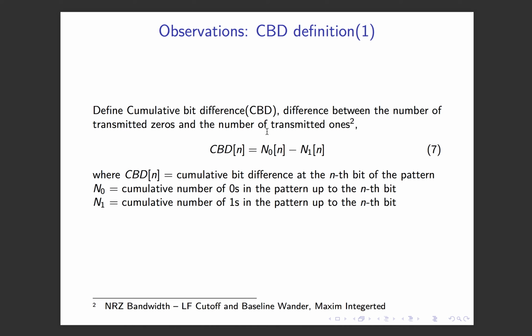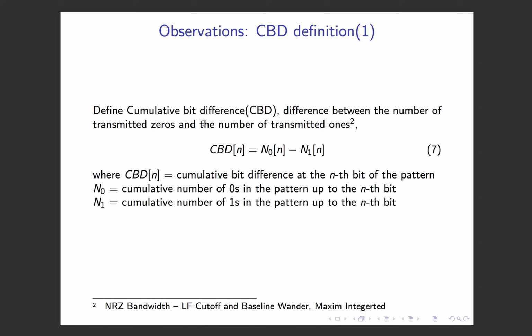Now we have come to the part for observations. Here we are talking about another new metric. We will call it CBD, or cumulative bit difference. What does it mean? It is the difference between the number of transmitted zeros and the number of transmitted ones. There's nothing else.